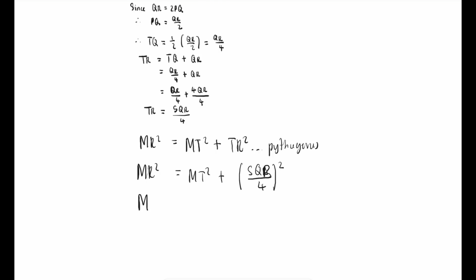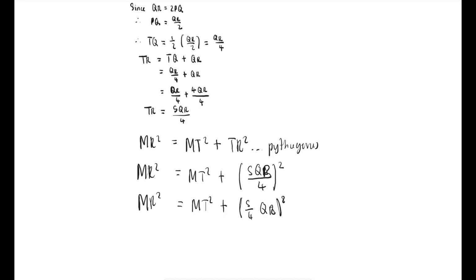Therefore my MR squared is equals to MT squared plus, this is the same thing as 5 over 4 QR, right?